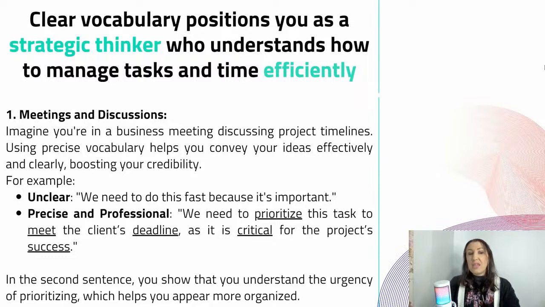You want to be clearer and boost your credibility by saying something like, we need to prioritize this task to meet the client's deadline. It is critical for the project's success. By using words like prioritize, meet a deadline, or critical, vital, you're not using just common words. You are making it nicer and clearer.